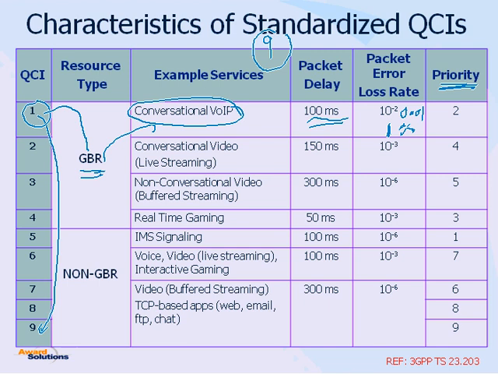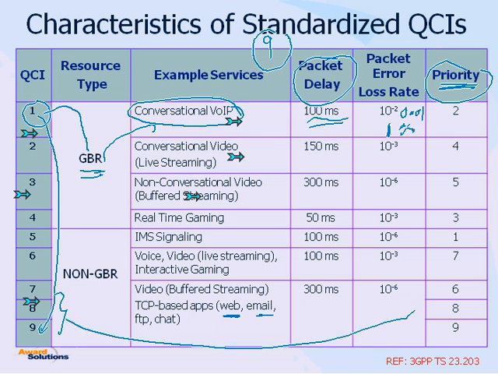So here we are giving you various examples for your information. You can look up here. Basically the 9 QCIs have different packet delays, different error rates, and different priority. Normally, web browsing or email kind of applications will have lower priority, because we are not trying to have very tight control of delay.